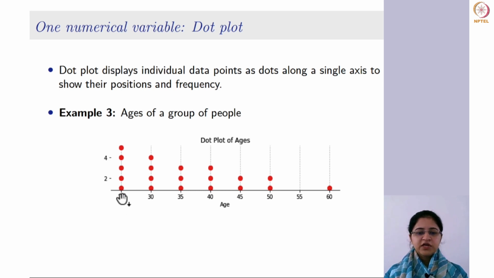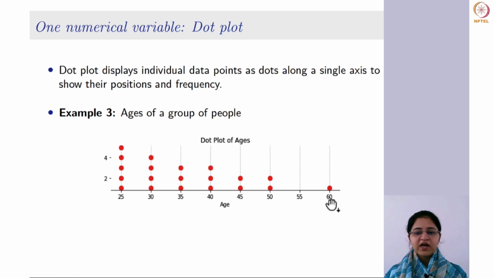And we keep on stacking the dots one above the other if we get more individuals corresponding to 25, suppose. So if there are 5 individuals who are of age 25, then we will make 5 dots one above the other. Next, if you find 4 observations corresponding to age 30, then you will make 4 dots.